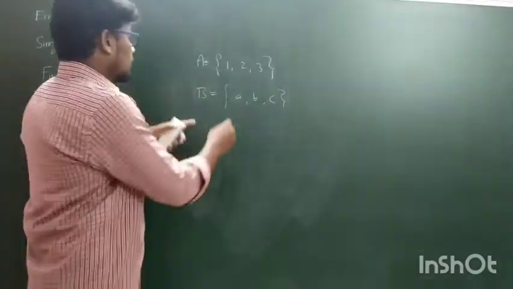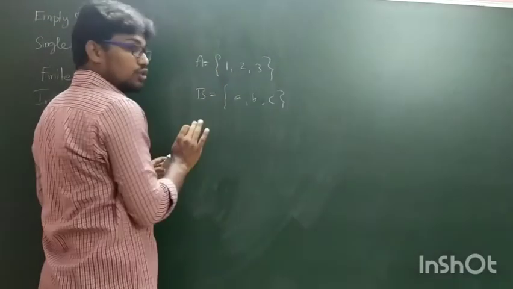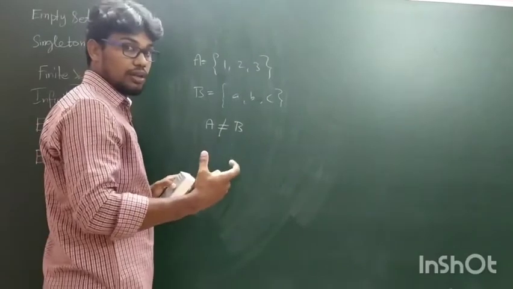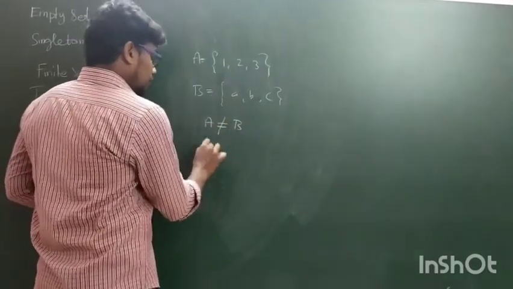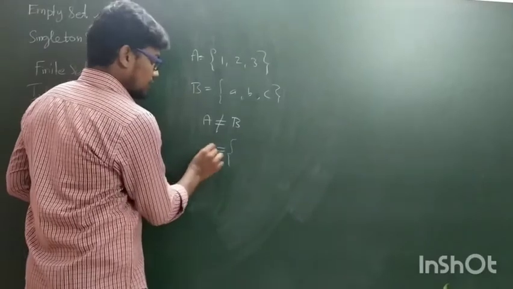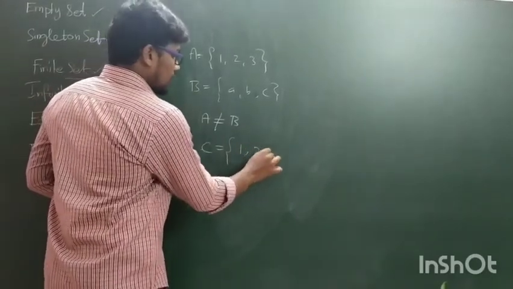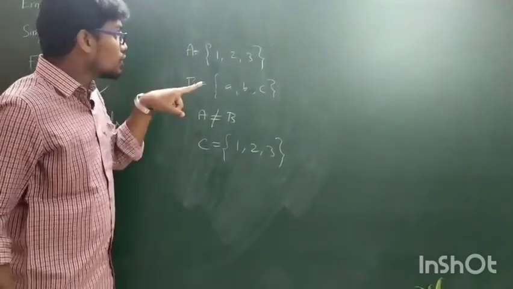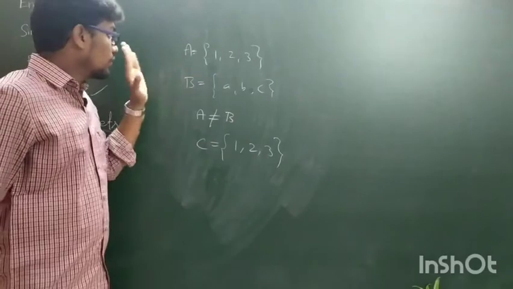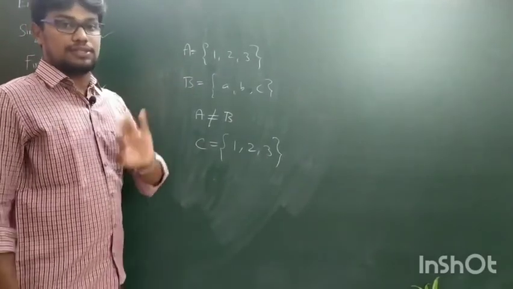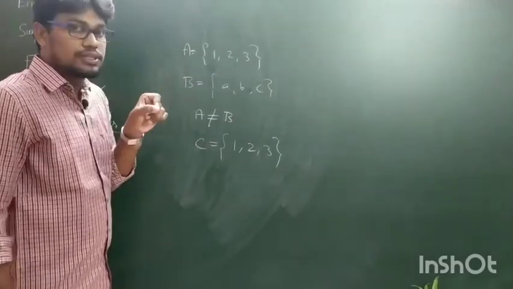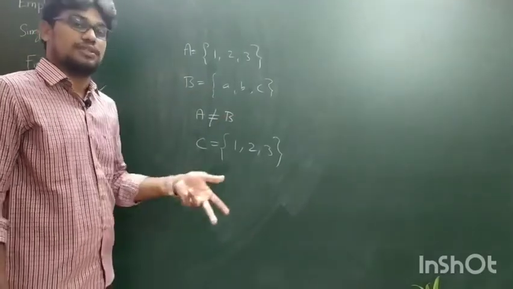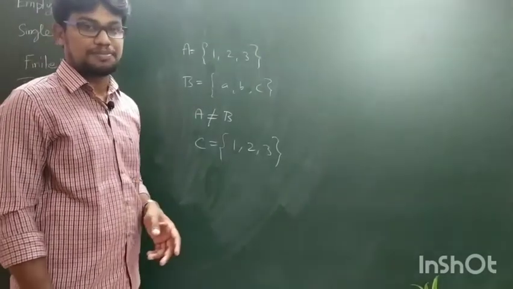In the sense, A is equivalent to B, but A is not equal to B. Equivalent, equal: make a distinction. If we have B as, say, let me take it as C to avoid confusion, here A and C have the same number of elements and also the same elements. So here we can say A and C are equal sets. Equal sets are of course equivalent sets, but equivalent sets need not be equal sets. Fine. Try many examples and send them to us. Thank you.